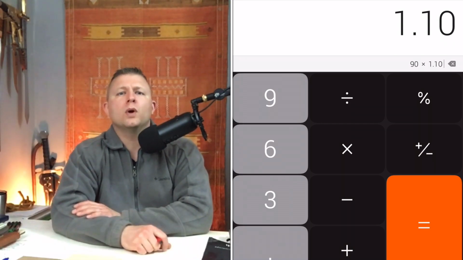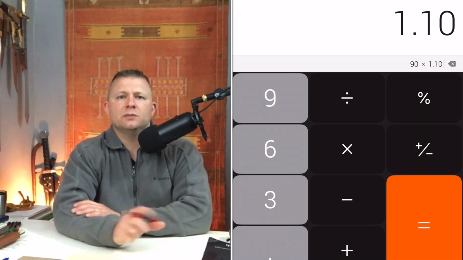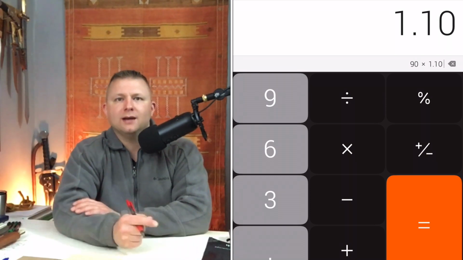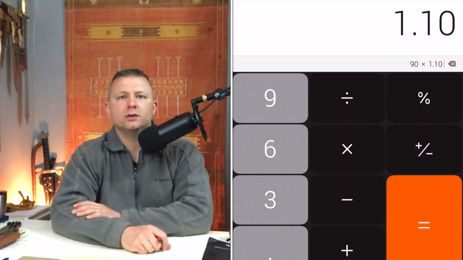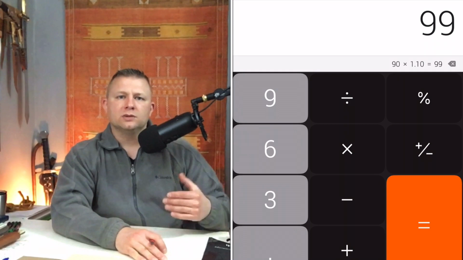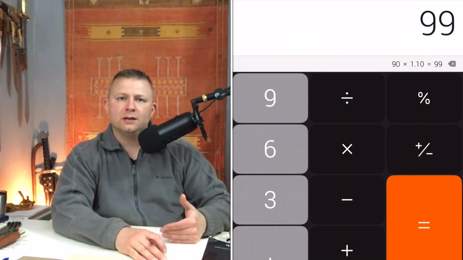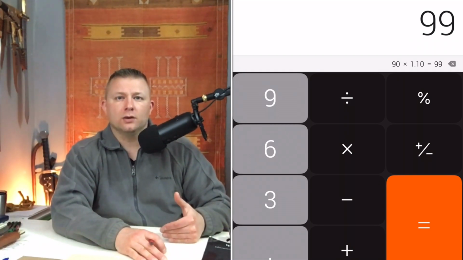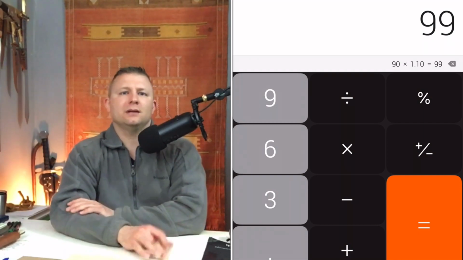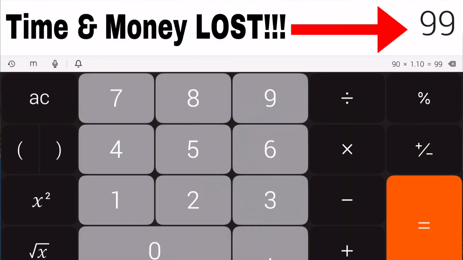But remember where you were. That's 10% that you gained on $90, not the $100 that you had. So 10 more percent on 90 is another $9. So actually you didn't even break even. You're back at $99.